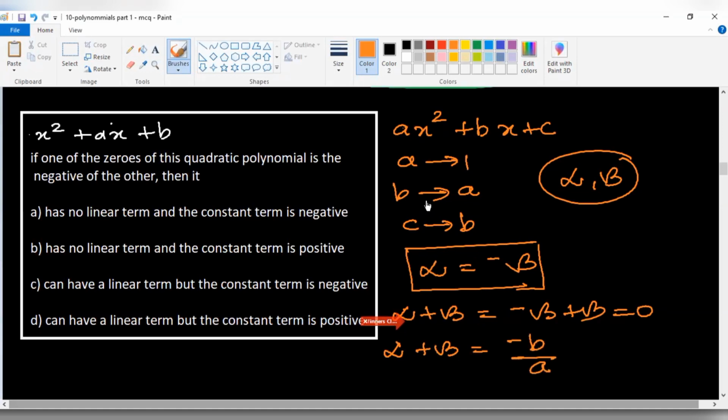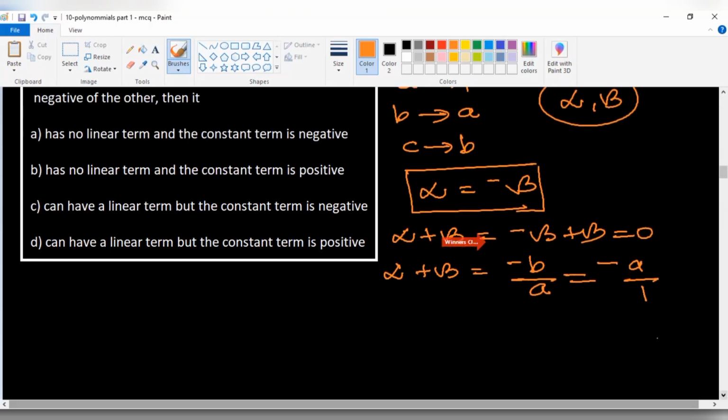And here in place of b we have a, and in place of a we have 1. So minus b by a will come minus a by 1, right? So minus a by 1 is alpha plus beta. And we know alpha plus beta here is 0. Then what we can say? a is equal to 0 in the given equation, because minus a by 1 is equal to 0 means a is equal to 0.